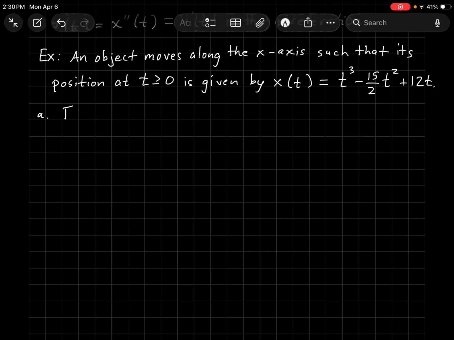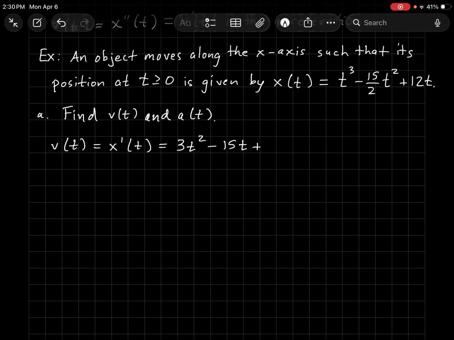Let's find the velocity and acceleration equations. Well, v of t is the derivative of position, which equals 3t squared minus 15t plus 12.